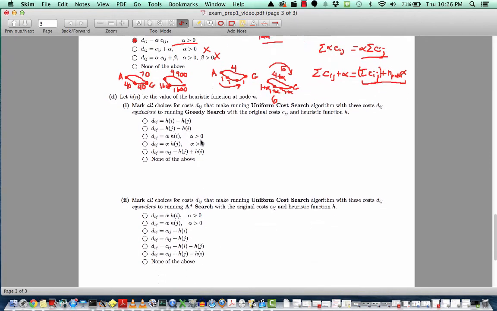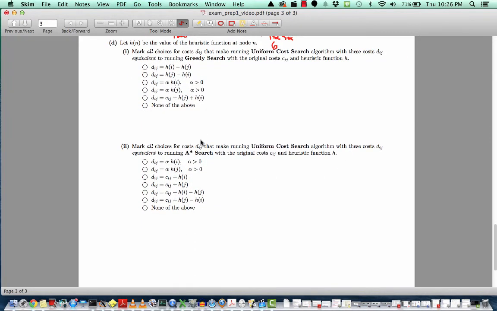Next, let's consider uniform cost search versus greedy search. So let's remind ourselves, uniform cost search is going to be taking nodes off the fringe based on its fringe strategy by calculating the cumulative cost to that node, which is going to be the sum of Dij in this case, versus greedy search uses the value of the heuristic at the last node in its path.